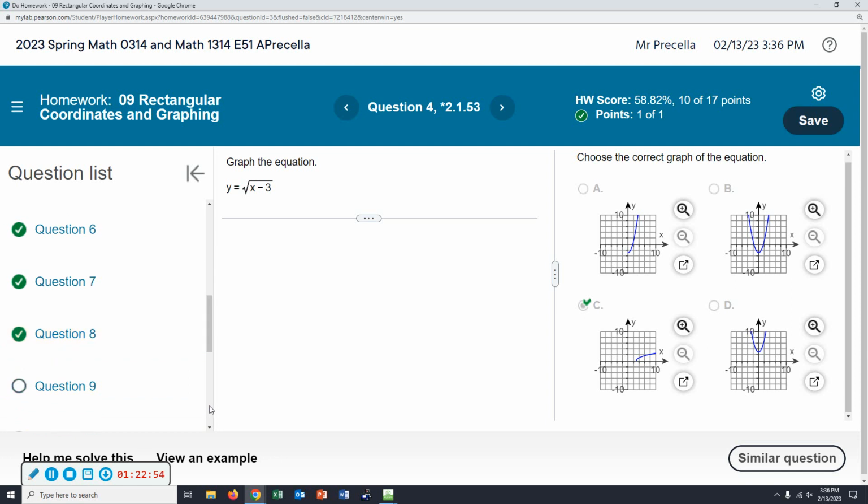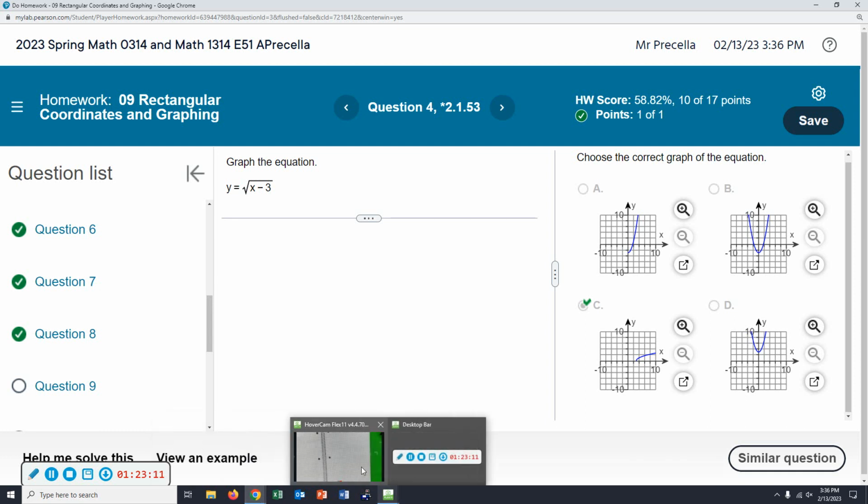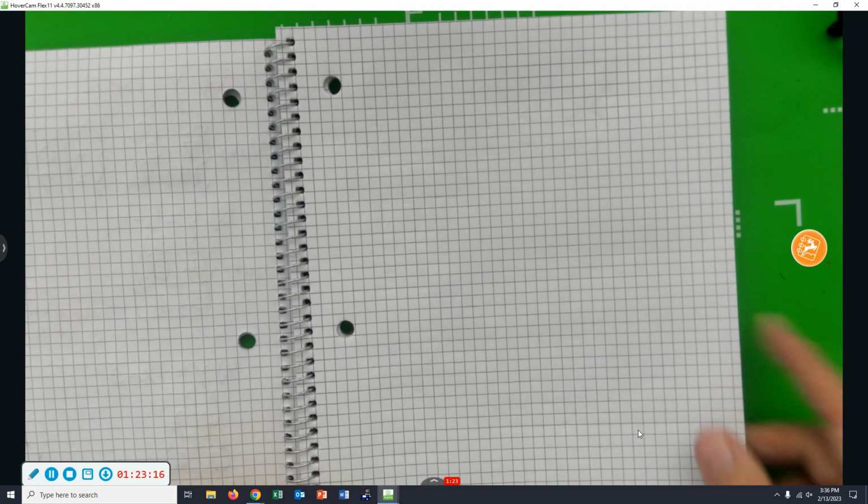And it's been a while since we've had some formulas. So we end this assignment with some formulas. Okay, so I'm going to state a couple of formulas.